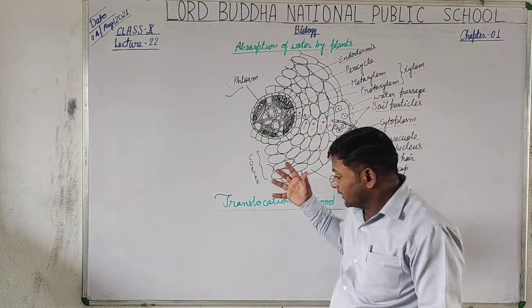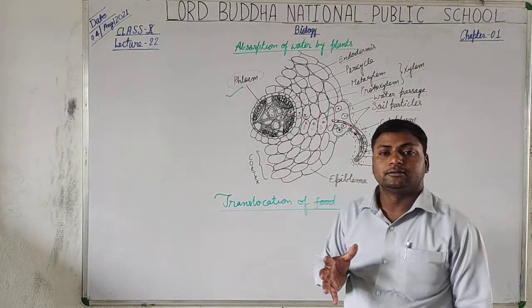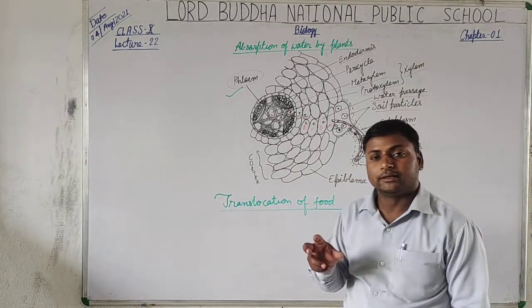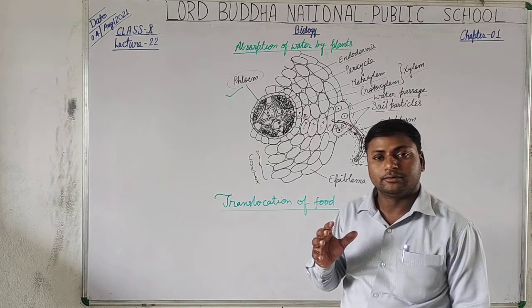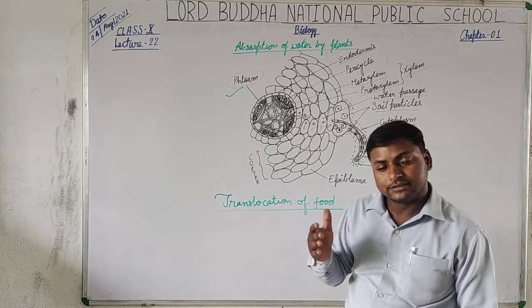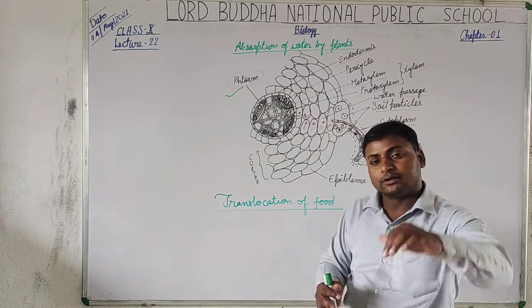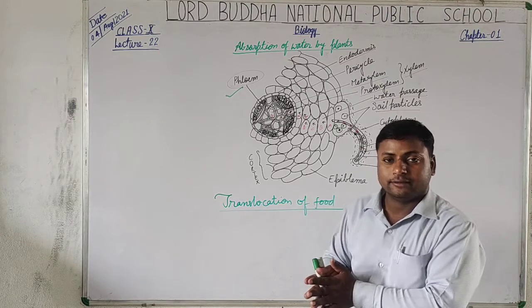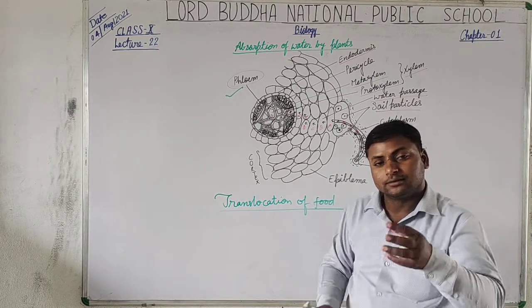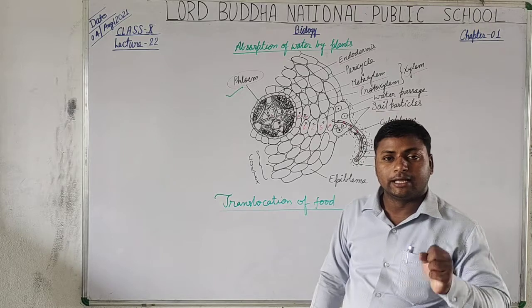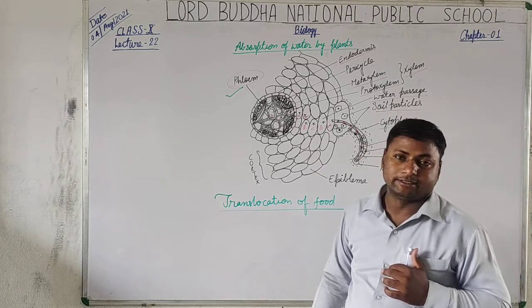Because the concentration of food material is higher in the plant's leaf where it is synthesized, and the cells that need this synthesized food have lower concentration.